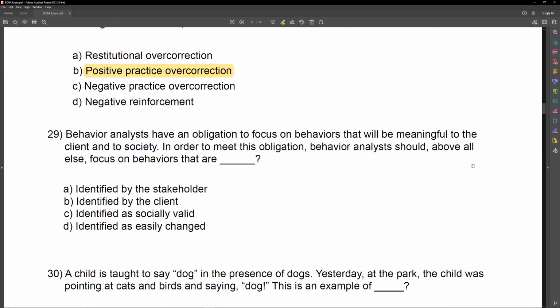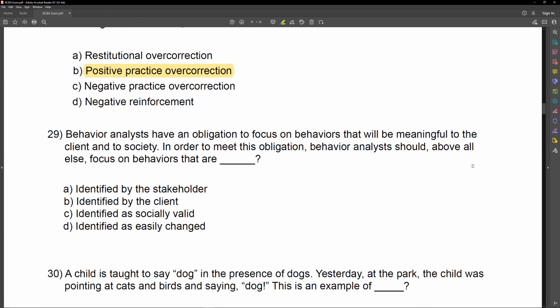It's important to identify behaviors that the stakeholder wants changed, and to do your best to work on those. However, above all else, if we want to meet our obligation, that behavior will be meaningful to the client and society. The stakeholder will not always have the best recommendations. Sometimes the stakeholders want to focus on the wrong behaviors.